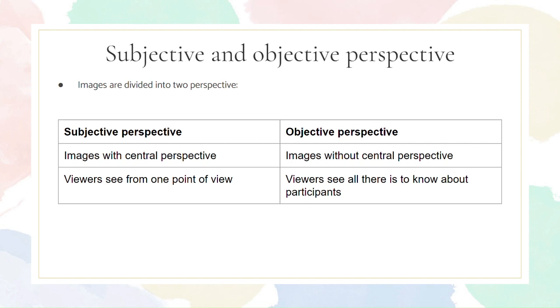As opposed to objective images, where the images don't have a central perspective, which means that it is built without one point of view. So the viewers see different details, or everything there is to know about the participants or the object.